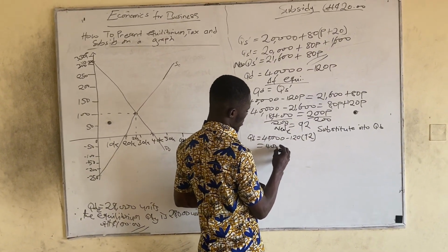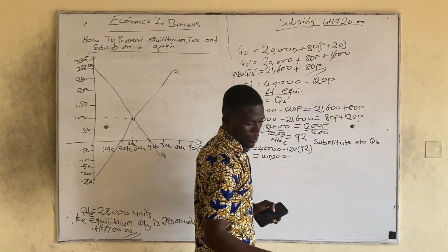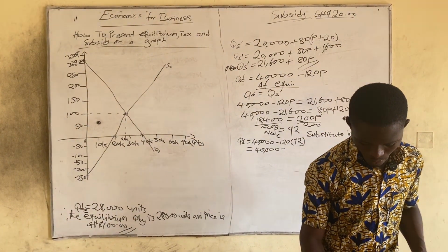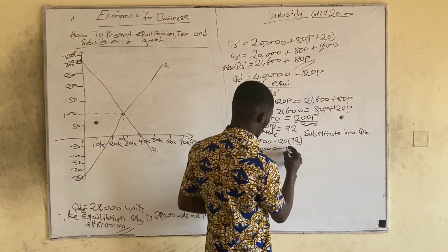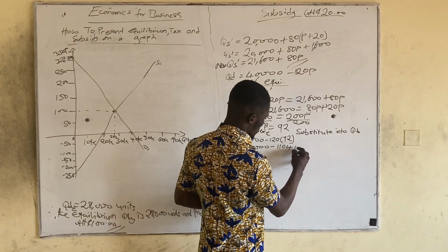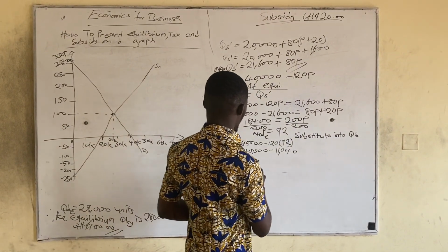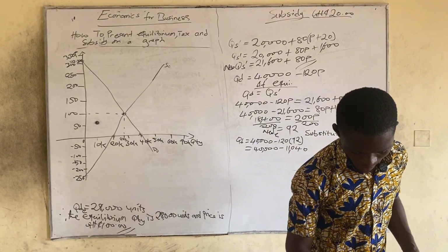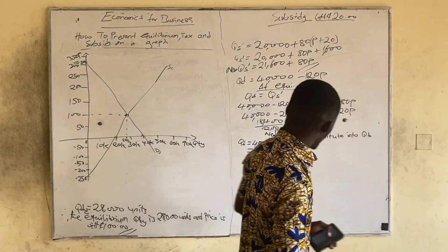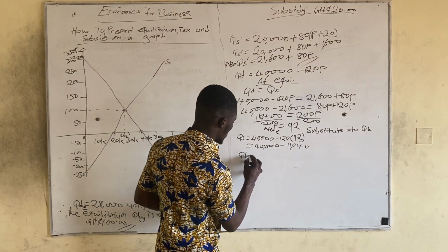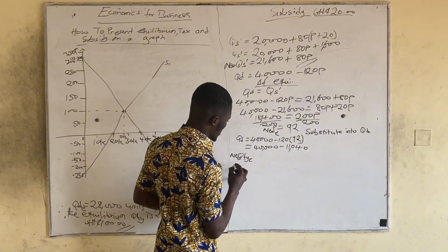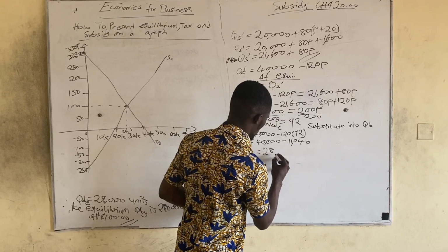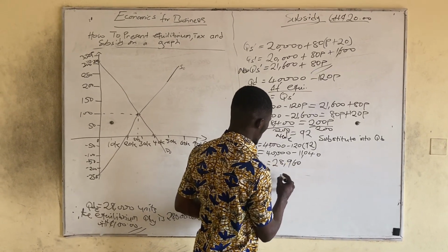Then 40,000 minus 11,040, and we get our new equilibrium quantity to be 28,960 units.